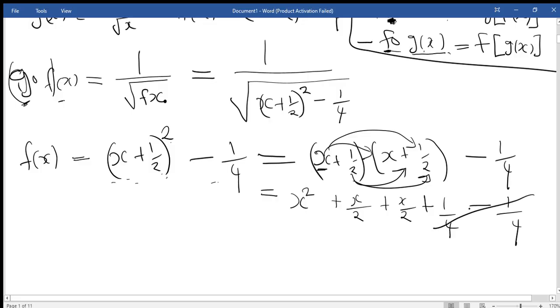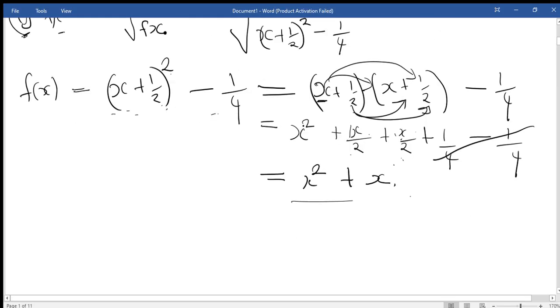It means the simplified version of this just becomes x squared, and 1 over 2 x plus 1 over 2 x. Half x plus half x will give us 1 complete x. So the simplified version of this quadratic function f of x is as good as x squared plus x. It's the one which I can replace in there to come up with my final g of x.